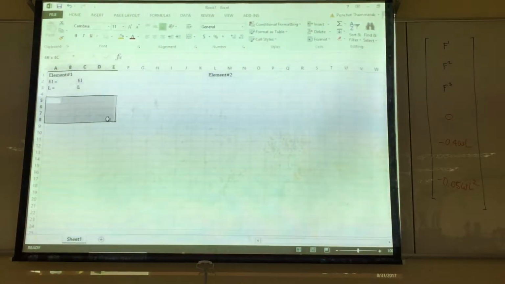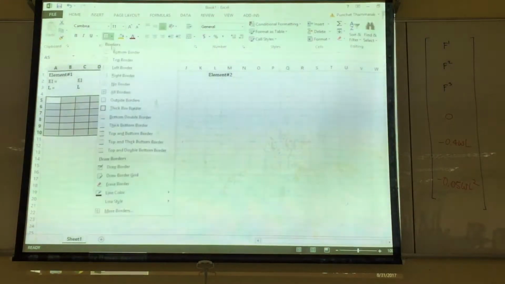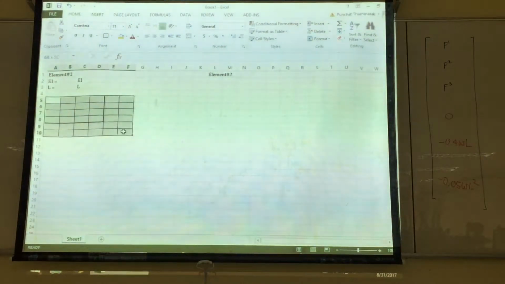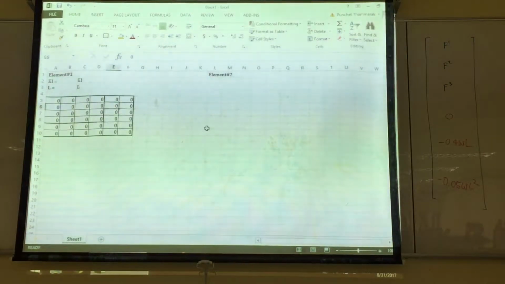Let's see, 6 by 6. I put the big frame out there, and then you will be relevant to this one inside here. I put 0 first, hit Control Enter, and you get all 0 there.